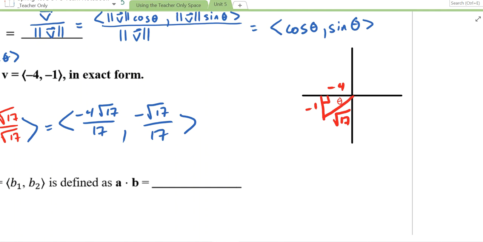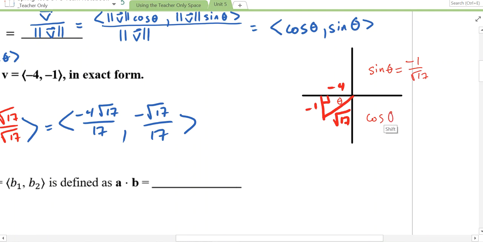When we went to find sine and cosine from this, we can see that the sine of the angle is equal to the y component, which is negative 1 over square root of 17. Remember when we did this?